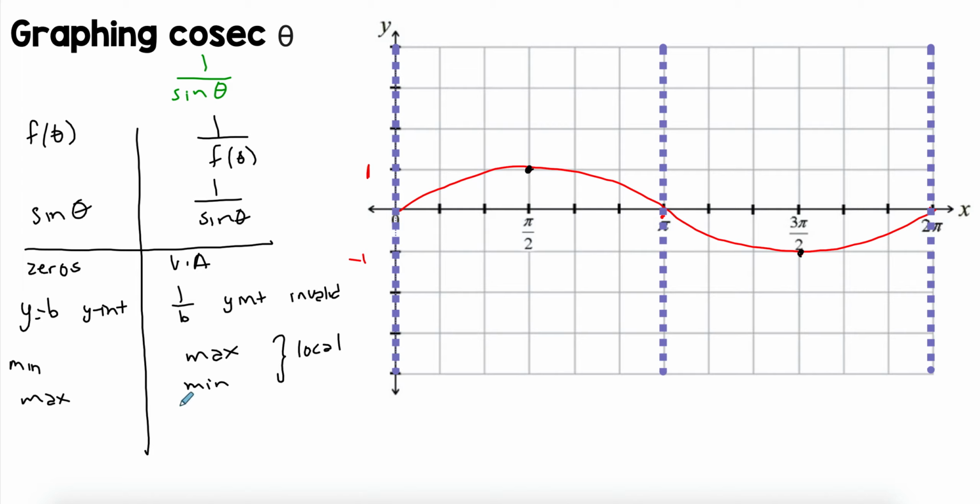Then we have that if f of x is bigger than 0, so it's positive, then 1 over f of x is positive as well, and vice versa. So if it's negative, then it's going to be negative. And that makes sense because you're doing 1 divided by a positive or a negative number, so the sign will stay the same.